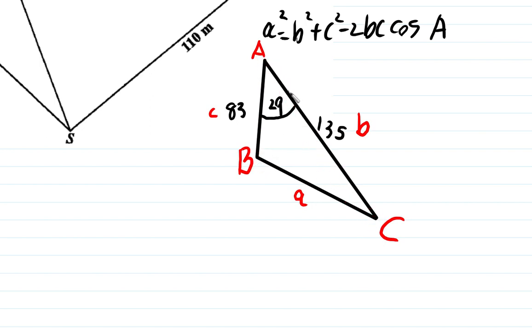AC also rubs against the side of the angle. These two sides are rubbing up against the side of the angle. These are adjacent to the angle. But small a, this side, is far from the angle. It doesn't come anywhere near to it. So this is opposite. Opposite stays far, right?